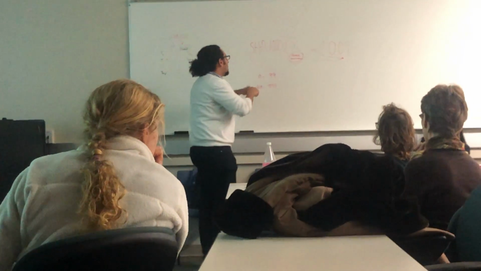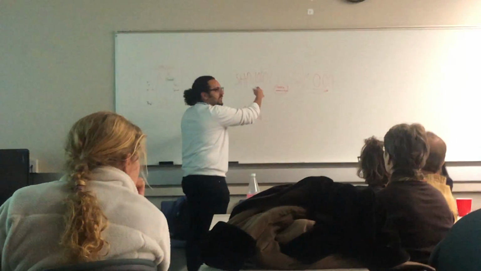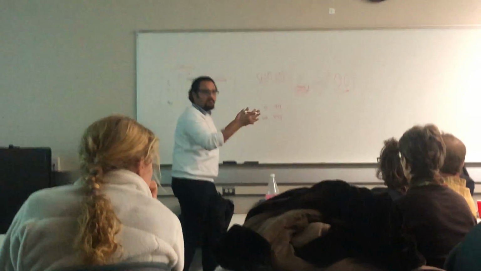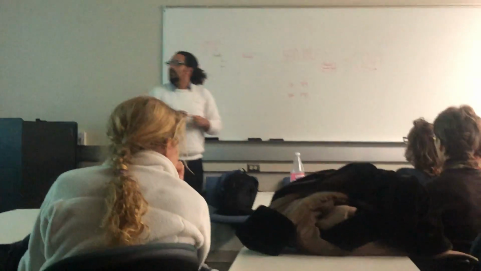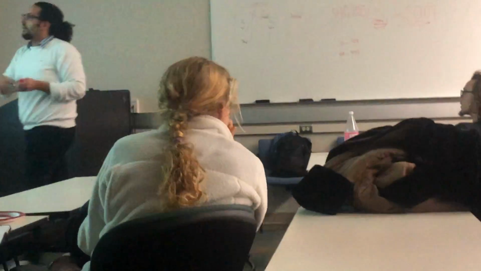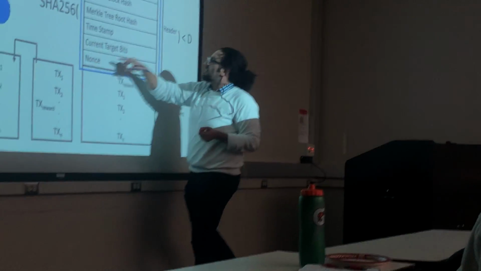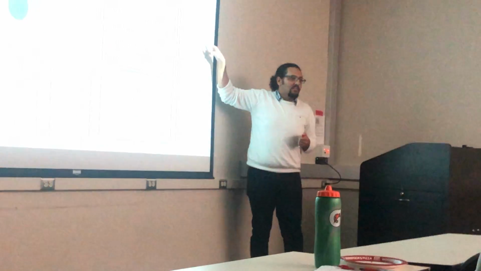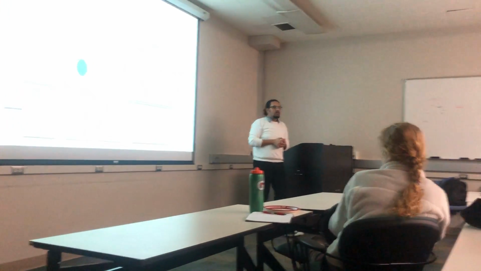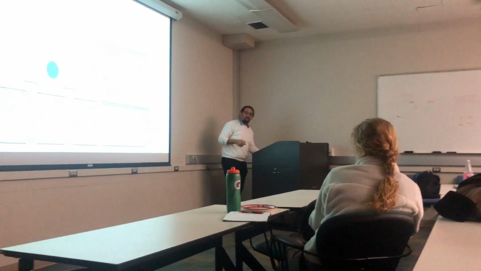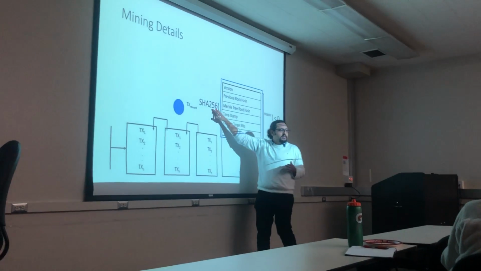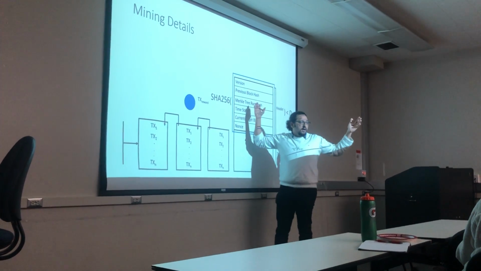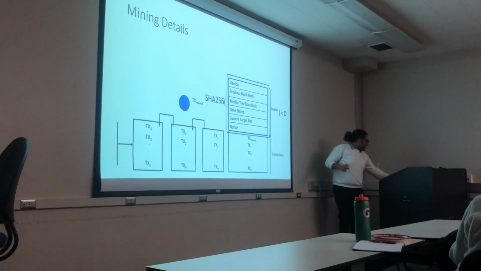Now in SHA-256, instead of the decimal system, we use the binary system. Instead of converting a 9 to a 0, it's converting a 1 to a 0, but it's the same idea. We are looking for the nonce that generates a number less than the difficulty. So what's D? That's a good question. D, of course, has to be a 256-bit string. It could be all zeros and a 1.